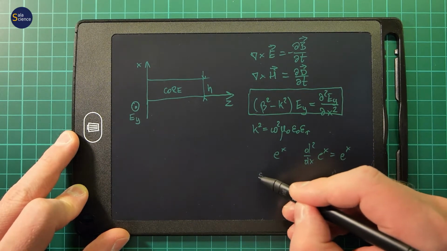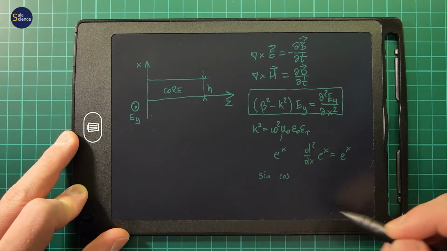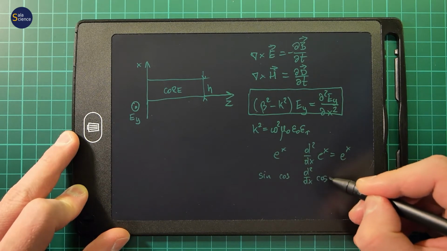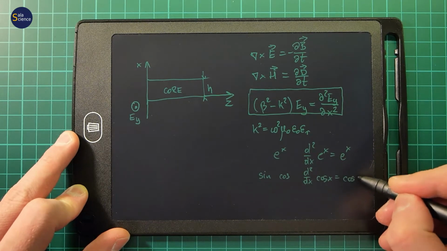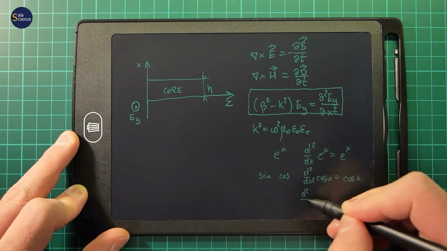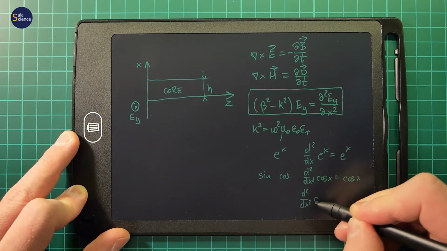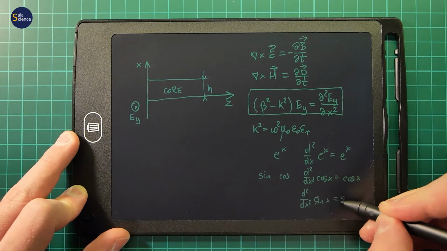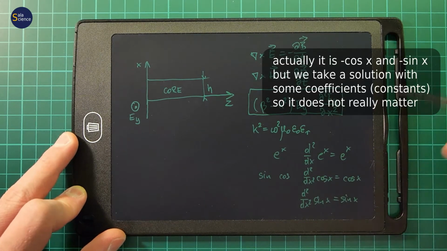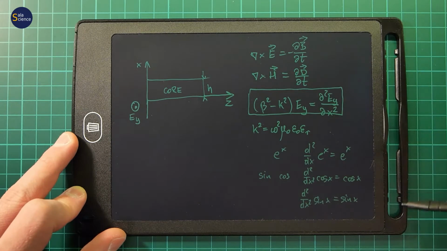And sine and cosine functions, because if we take the second derivative of cosine x, it is cosine x, and also the second derivative of sine function is a sine function. So we have three functions that fulfill this condition.